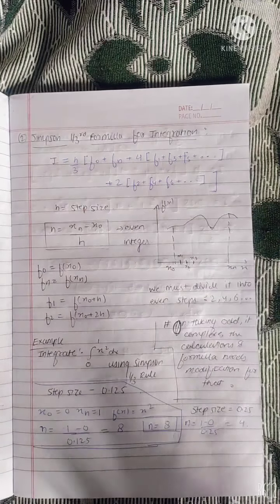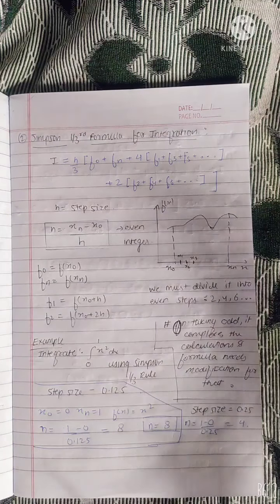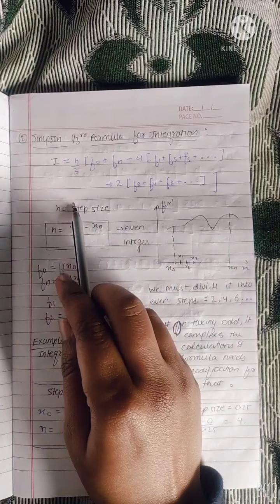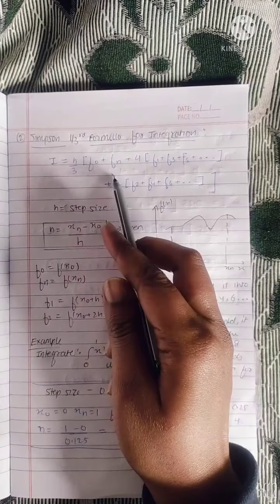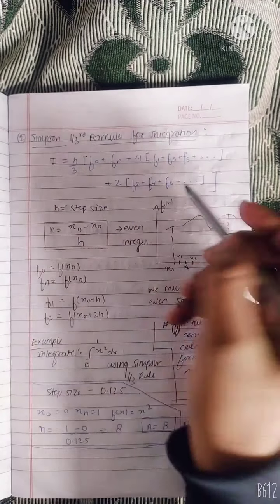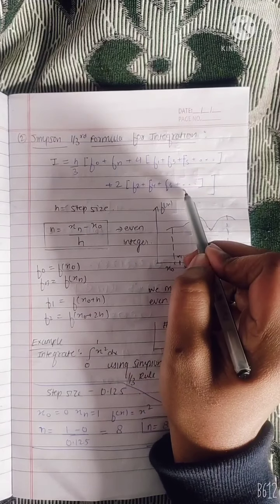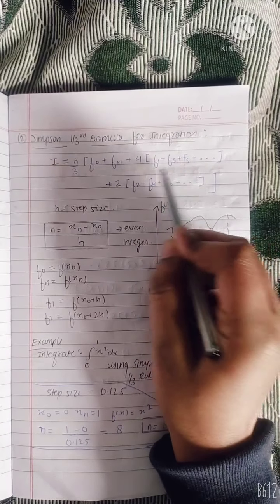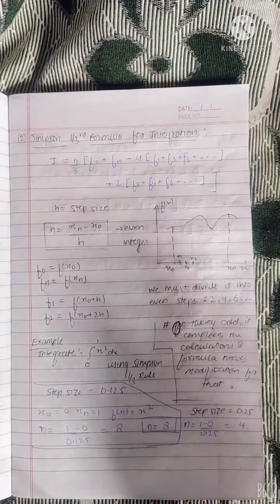The formula looks complicated, but in simple terms: h by 3, the first and last terms f0 and fn, plus 4 into the sum of odds plus 2 into the sum of evens. Here 1, 3, 5 are odd terms, and 2, 4, 6 are even ones. h is the step size.